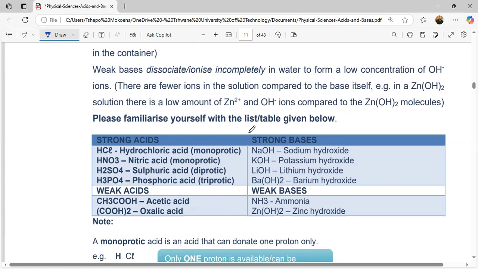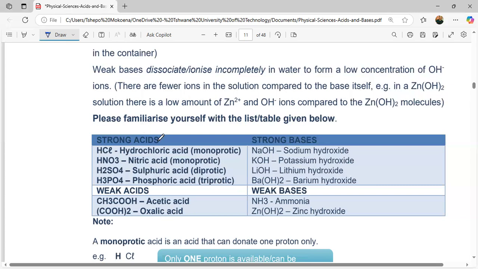For matriculants, they're not going to ask you anything out of this table; when you get to university you do more acid and base reactions and more physical chemistry, but you are doing physical science in grade 12. So these are the only types of acids and bases that they can ask you about.